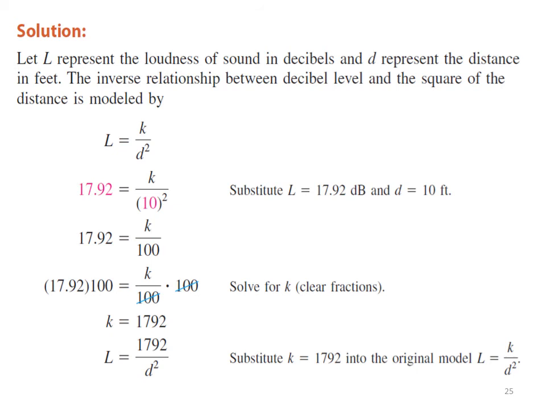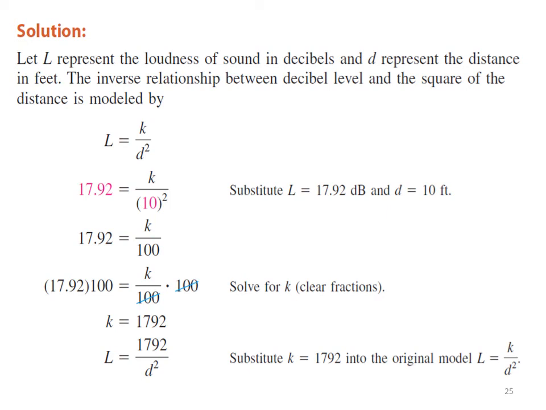Our model is an inverse variation model, so we can call loudness L and the distance D. The loudness is inversely related to the square of the distance, meaning L equals K divided by D squared. Now we use the numbers we are given.